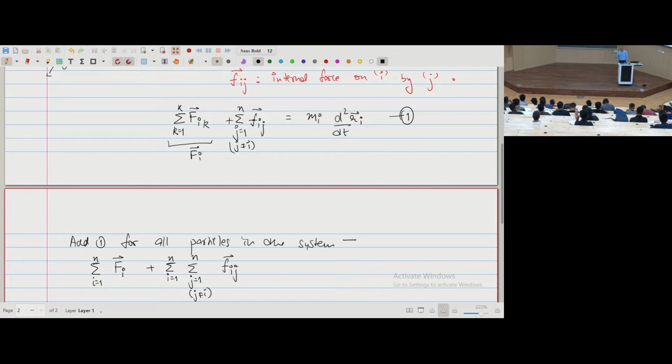In the second case, I have simply kept a double summation. Earlier we had a summation of all the internal forces on one particle. Now since we have added everything, this is the sum of internal forces for all the particles added together. On the right hand side, you also get a summation.